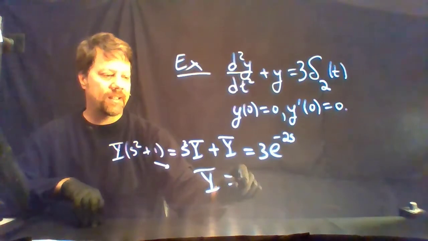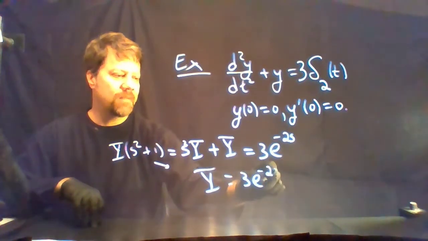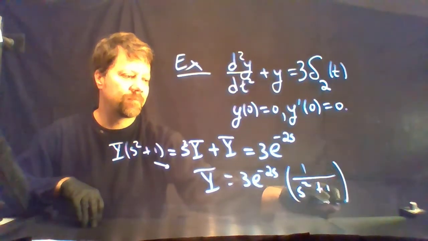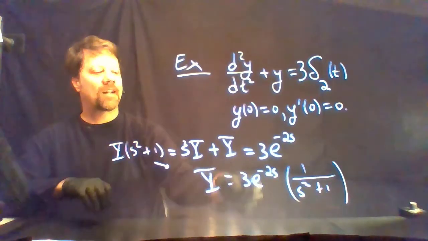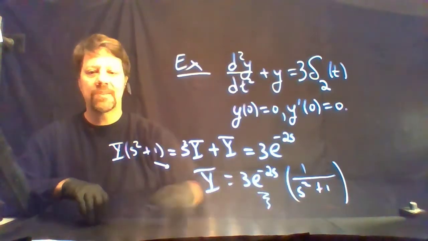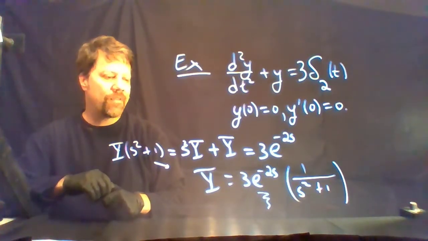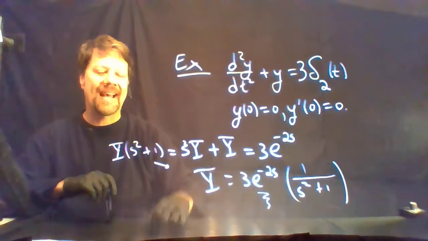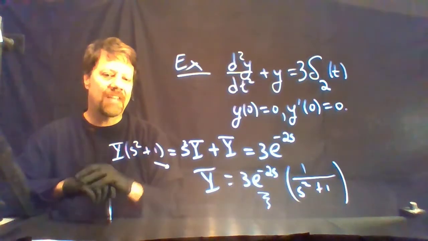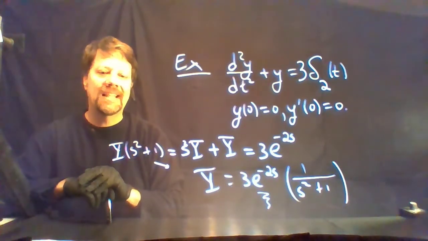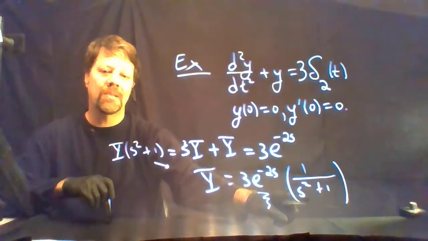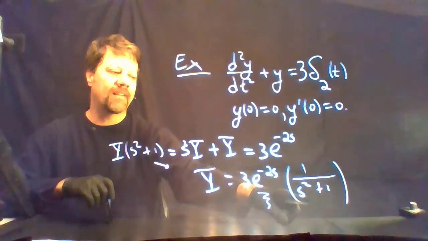We get big Y is 3 e to the minus 2s, times 1 over s squared plus 1. Now, from our experience with step functions, we know that the exponential function e to the minus 2s, when we calculate the inverse Laplace transform, will lead to a step function, and it will translate the inverse Laplace transform of everything else.